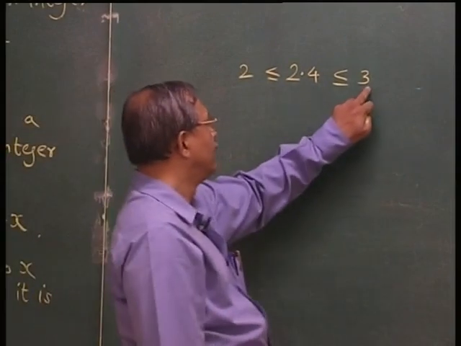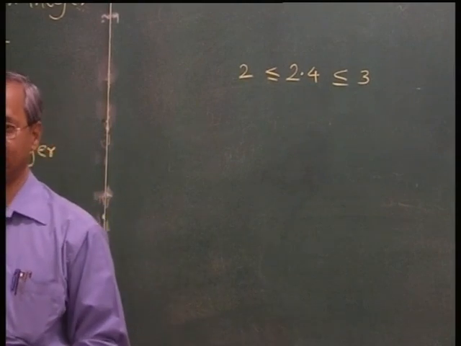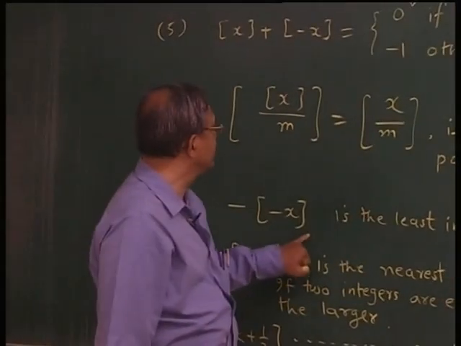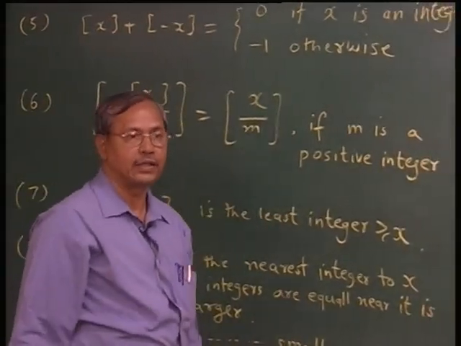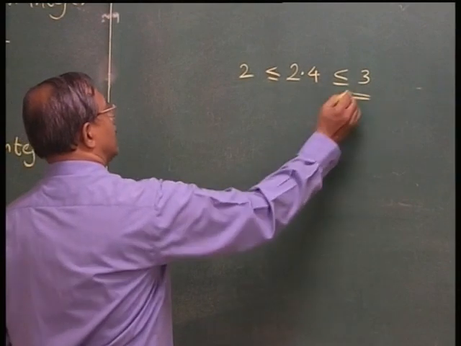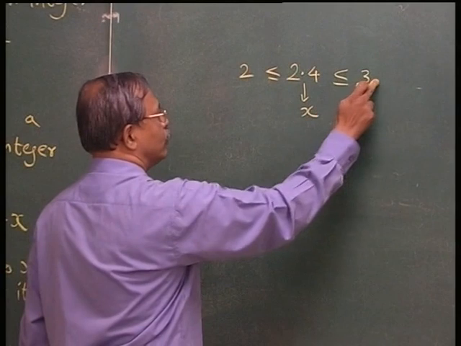So how can you express this number in terms of the greatest integer function? That's what is done by this result, that minus of the integral part of minus x is the least integer bigger or equal to x. It is closest from the right side. So let us see how to get this. You can check in this also.